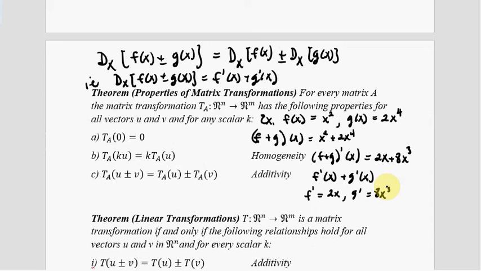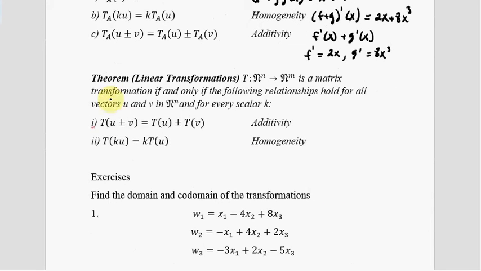That's the theorem down below here. And we call them two things. We call them additivity and homogeneity. Additivity means that I can take the transformation of the sum, and that's equal to the sum of the transformations. Whether it's a sum or a difference, we still call it additivity, right? Whether you're adding in the positive direction or negative direction, you're still adding.